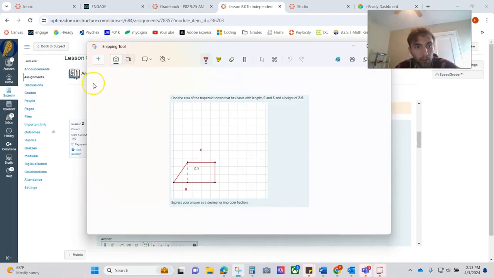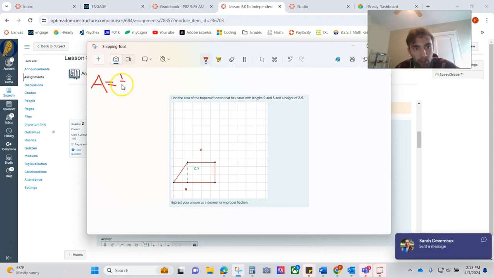Okay, so our formula we use to find the area of a trapezoid is A equals 1/2 times h times, so the height, times whatever the bases added together is, base 1 plus base 2. So first, let's add these two bases.